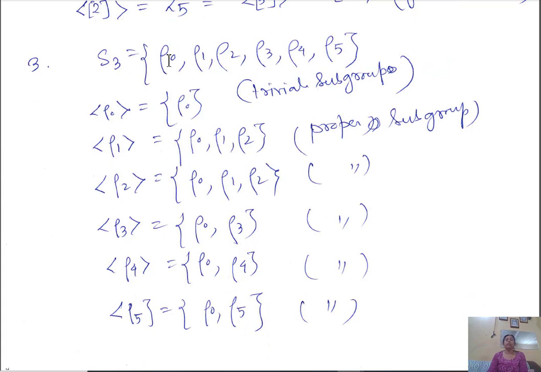The subgroup generated by rho 0 is the trivial subgroup, the singleton set of rho 0, the identity element. In the other cases you get proper subgroups. Rho 1 and rho 2 generate the same subgroup: rho 0, rho 1, rho 2. Rho 3 generates rho 0, rho 3; rho 4 generates rho 0, rho 4; rho 5 generates rho 0, rho 5.